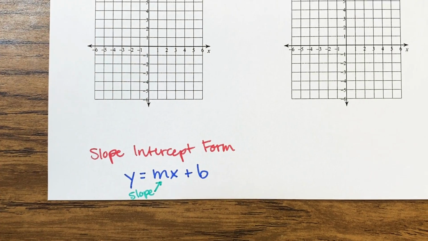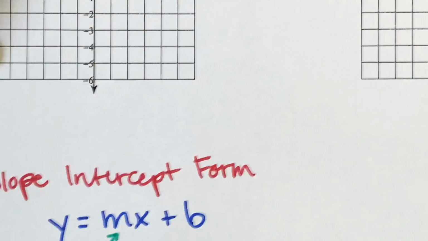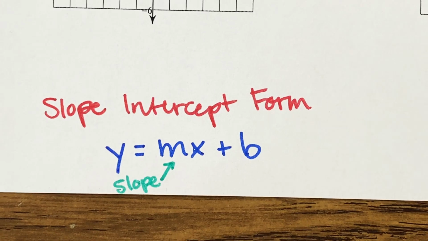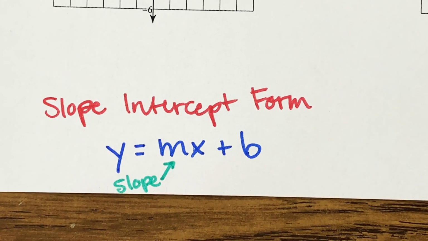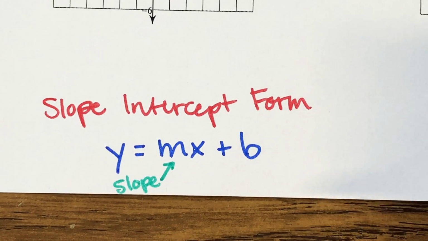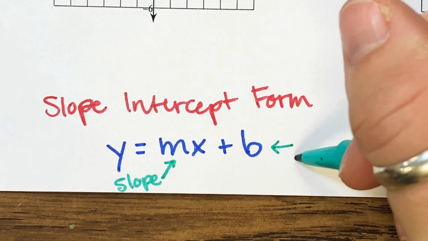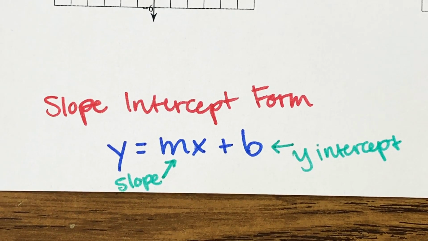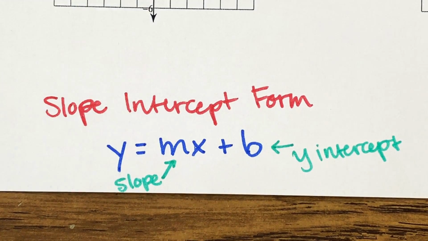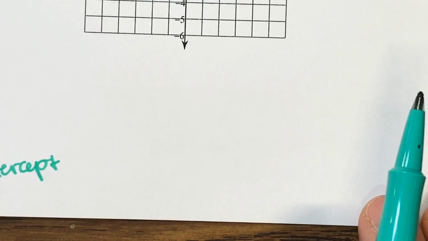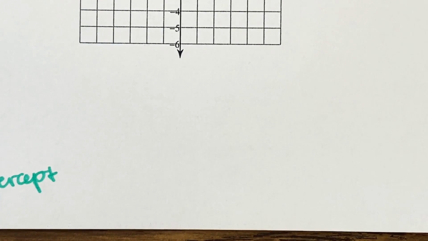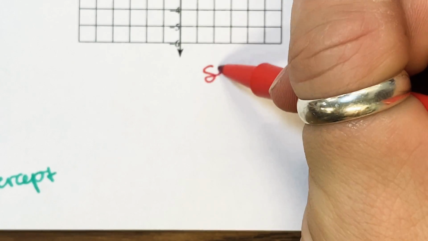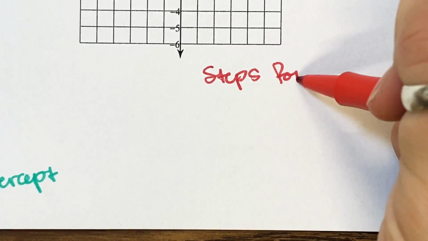Okay, sorry, let me zoom in just a little bit for you guys so you can see. Okay, that's going to be our slope. Okay, who can tell me what the B is? The Y what? That is our Y-intercept. Beautiful. Okay, so knowing those two guys, whenever they're in slope-intercept form, that's how we can graph them, right? So, right next to our slope-intercept form, let's again write our steps for graphing.